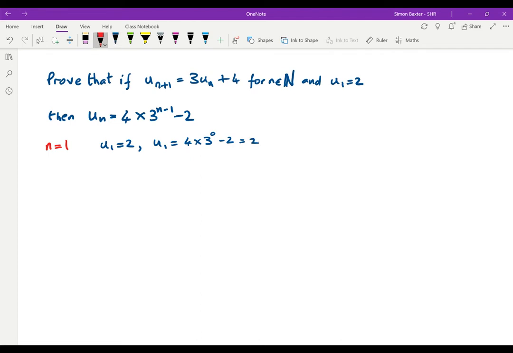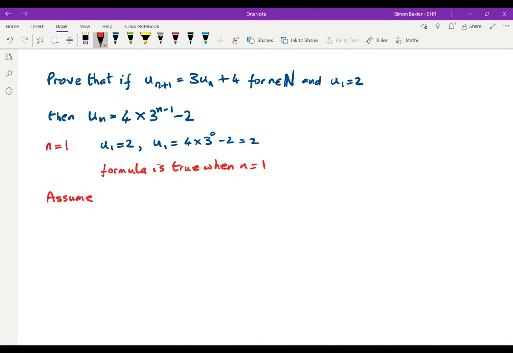So we have shown that our formula is true when n equals 1.